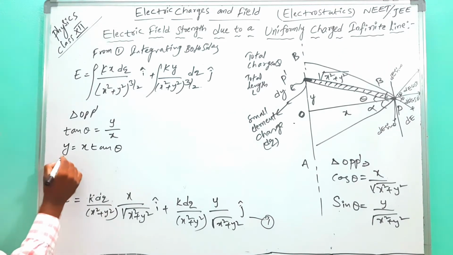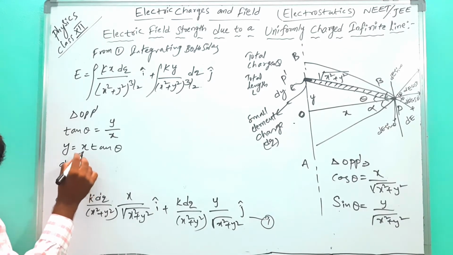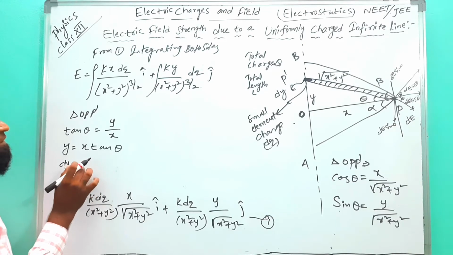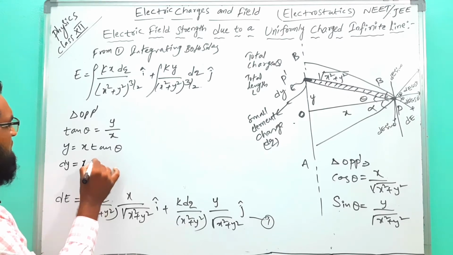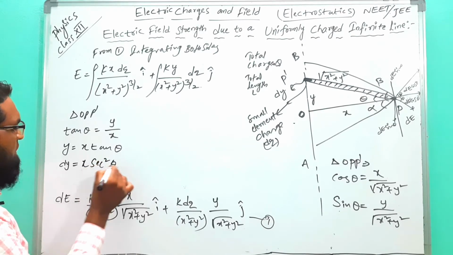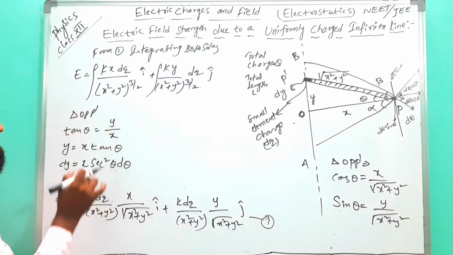Next, differentiating both sides, dy = x times the differentiation of tan θ, which is x sec² θ dθ. We have to substitute this in the equation.